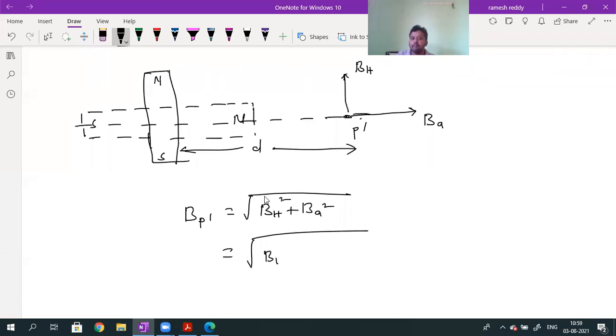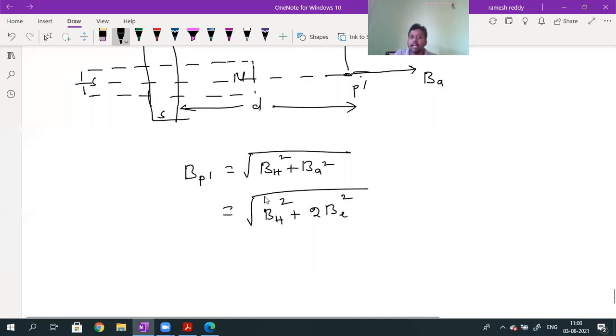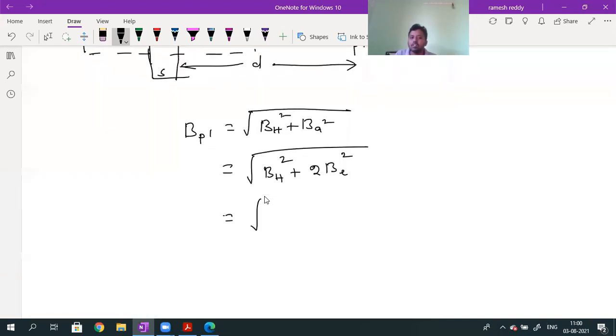BA value will be equal to 2 into BE, so BE whole square. But as per the null point condition, it is root over BH square plus 2 into BH square. The BA value is equal to 2 into BE, whole square.